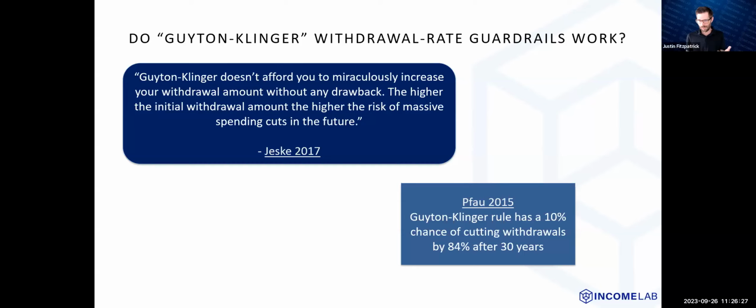And he found that, in a Monte Carlo test, there was at least a 10% chance, following a Guyton-Klinger rule, of reducing withdrawals by as much as 84% throughout a 30-year plan. Now that's only a 10% chance of that, but that's really a striking amount of reduction. I certainly wouldn't call it anything near success or what most people could handle.